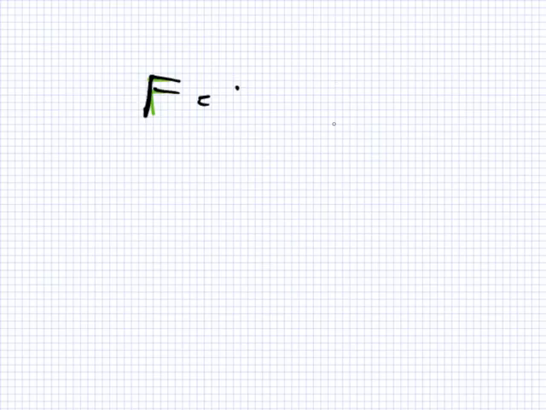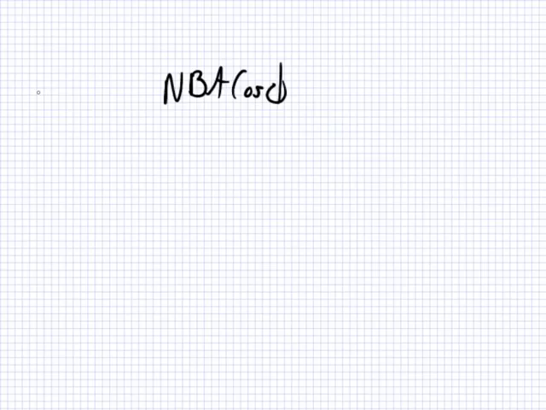What was it? The magnetic linkage. It was N, BA cos theta. That was the flux linkage, wasn't it? Which I'll just write as the flux here.